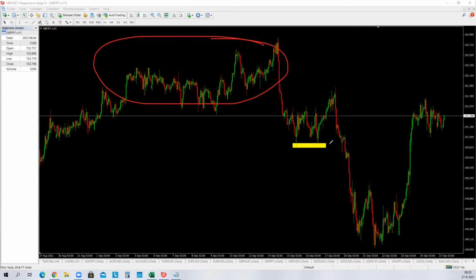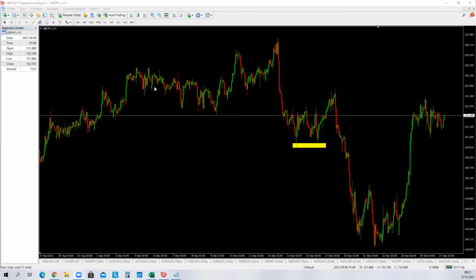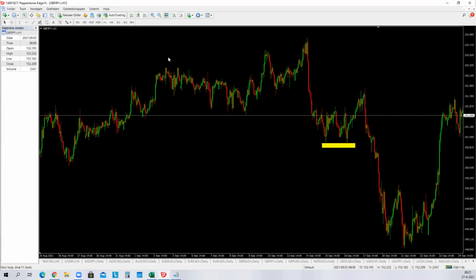More times than not, this is going to be redistribution, and you will see false, quote unquote, support forming in this area. It really surprises me that people that trade the Wyckoff method and see such a big distribution range think that this is accumulation. It's usually not. If there's a big distribution range, it doesn't end with just a small impulse move and that's it, and then we go to the uptrend.